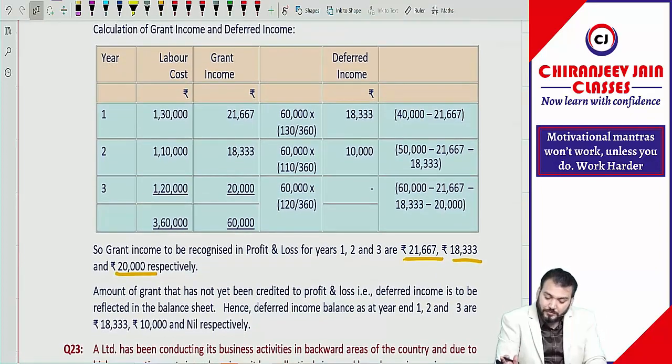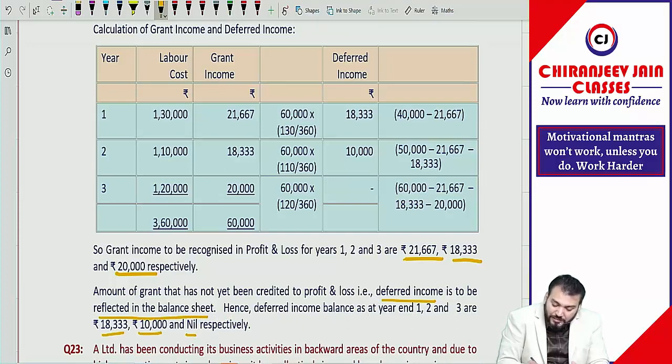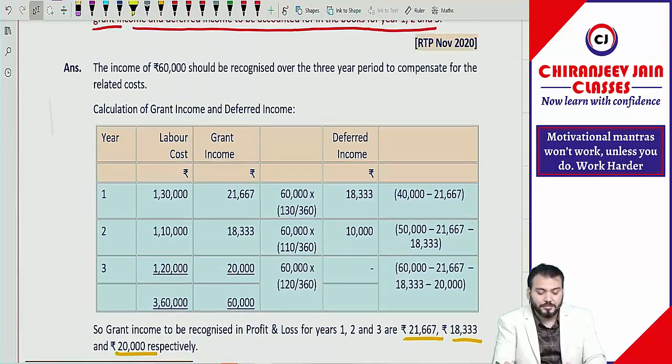Correct? And the deferred income to be reflected in the balance sheet at years 1 to 3 is 18,333, 10,000 and nil respectively. Understood? Correct?